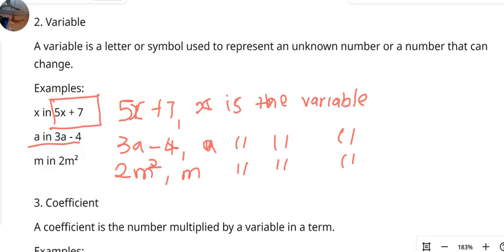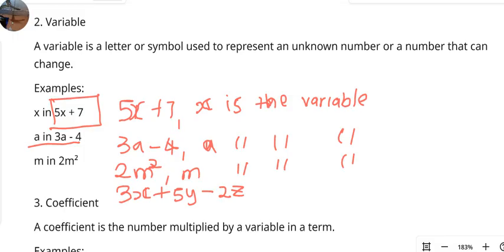I can add another expression here. Expressions can be big; it mustn't always be small. It can even have more than one variable. Let's say, for instance, we have 3x plus 5y minus 2z.